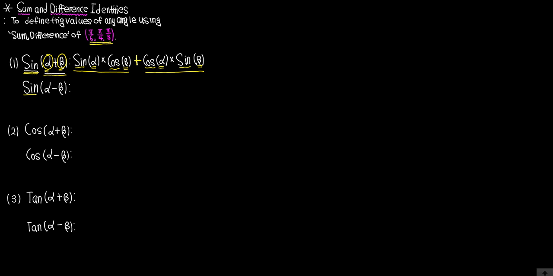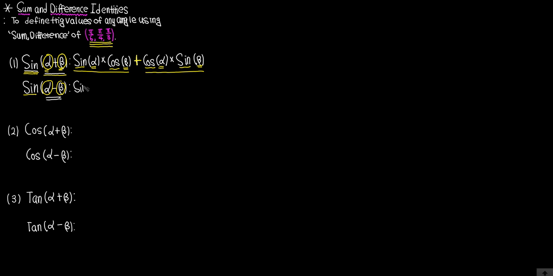So also, if you assume that alpha is the first angle measurement among these three special angles and beta is the second angle measurement, then when we're thinking of the difference identities, which means when we subtract the two special angles to form one angle measurement, the formula will be closely related to the sum identities.